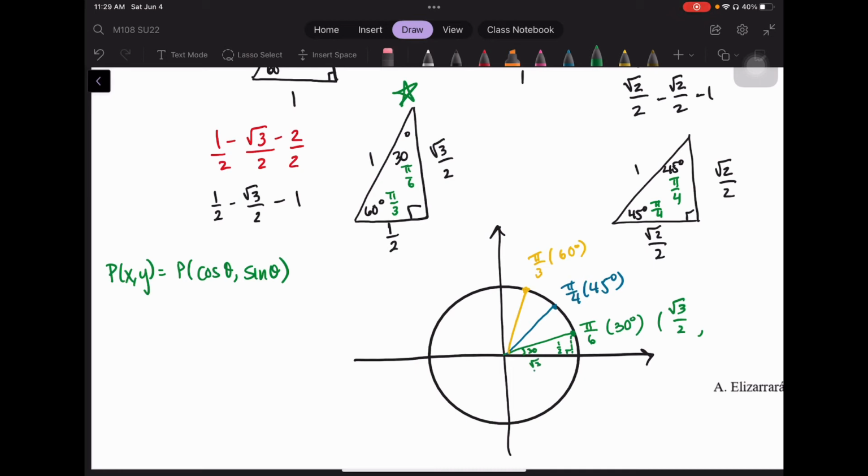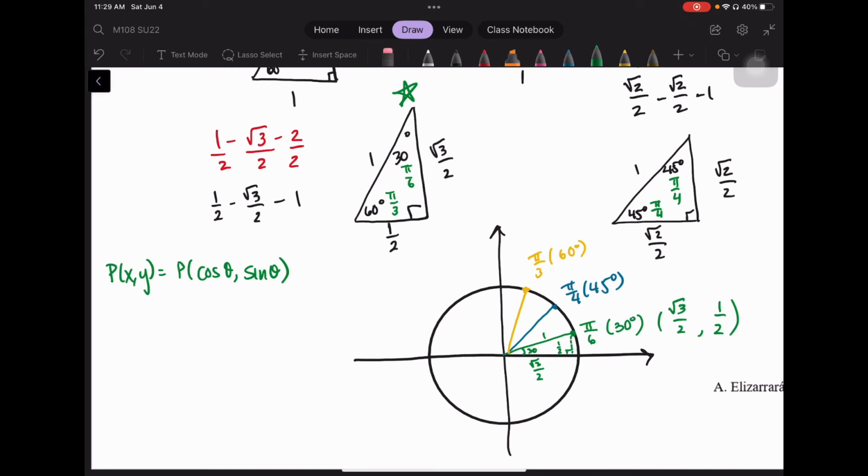Adjacent to the 30 degree is root 3 over 2, and then the radius is 1. So the cosine of 30 degrees is root 3 over 2, and the sine is 1/2 over 1, which is just the y value. Remember, a unit circle is always 1, so you're just saying pull the x value, pull the y value. So the cosine of pi over 6 is root 3 over 2, and the sine of pi over 6 is 1/2. So that point on the unit circle corresponds to root 3 over 2, 1/2.